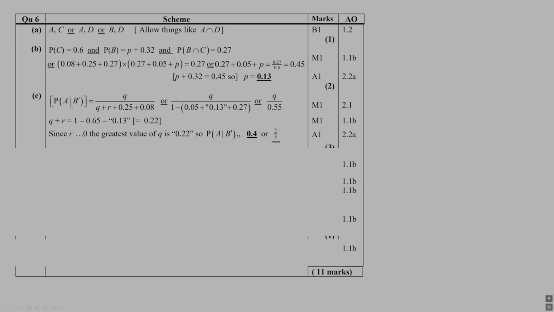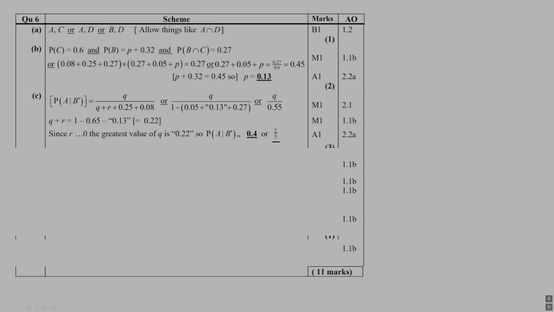A given that it's not in B means that you put all the stuff that's in A and not in B over just all the stuff that's not in B, right? That's it. So you put all the stuff that's in both over the stuff that's not in B, because that's your total, and then you can rearrange that for this expression here.